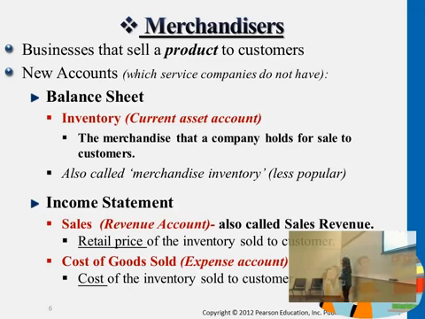Here, for a merchandiser company, inventory is an asset account for the goods we purchased earlier, the cost of the goods that we purchased from the wholesaler, from the supplier. When we resell it to our target customer, it turns into cost of goods sold. Okay, so whatever amount was earlier captured here, once we sell it to the customer, it turns into cost of goods sold. This is an expense account when we sell it.